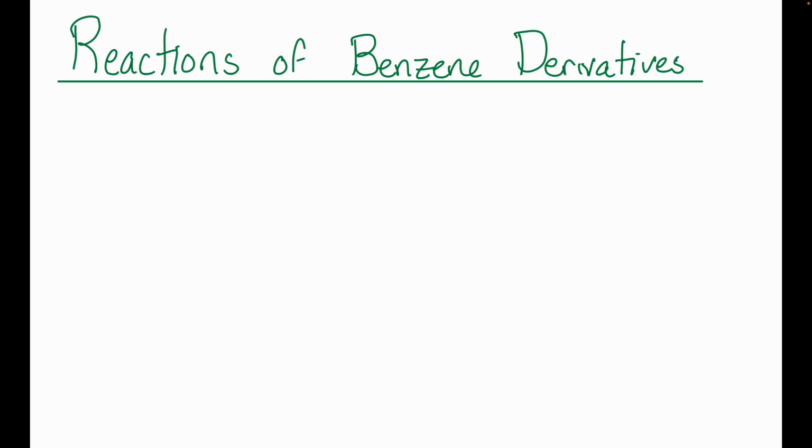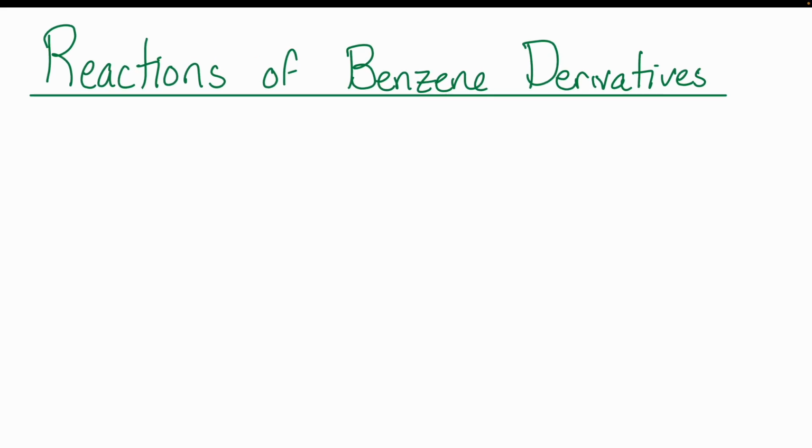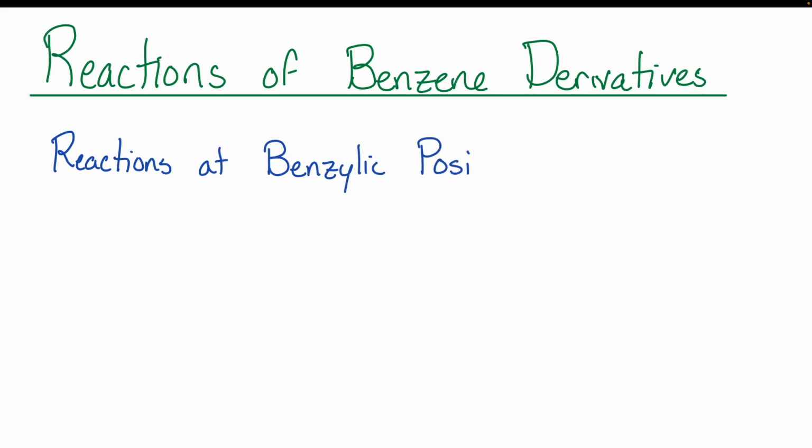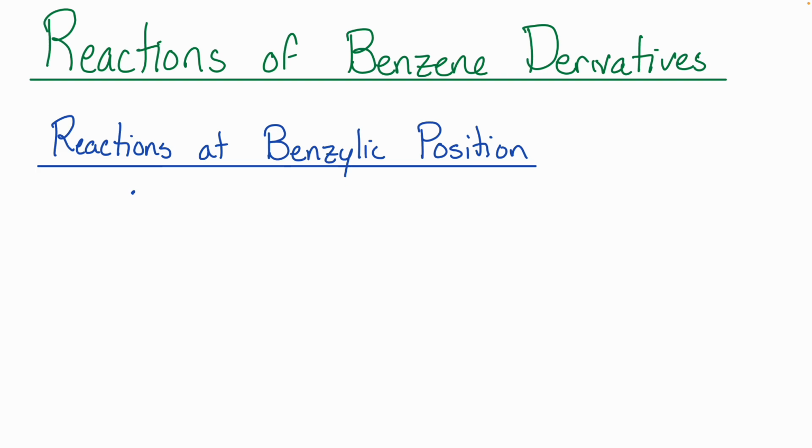The first one is reactions at what is called the benzylic position. So what do I mean by that? This is going to be the C1 position that's attached to a benzene ring.